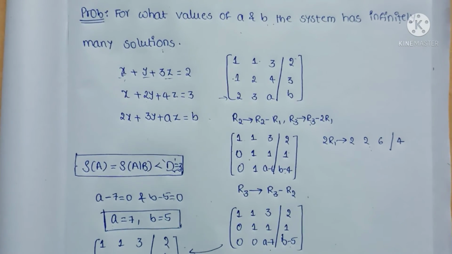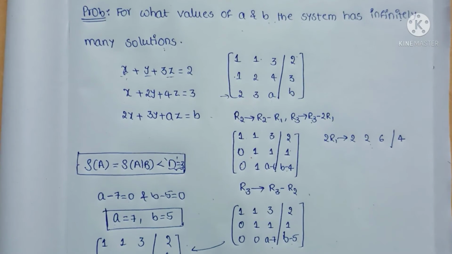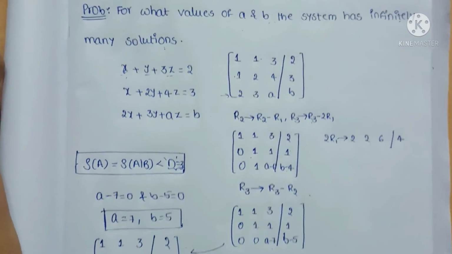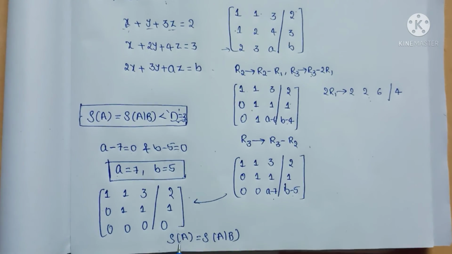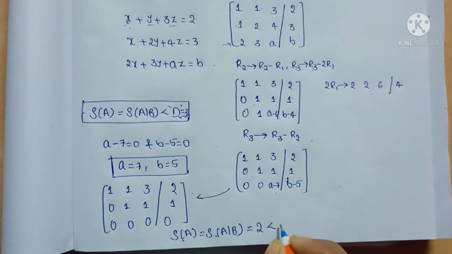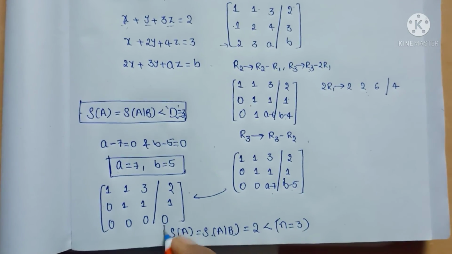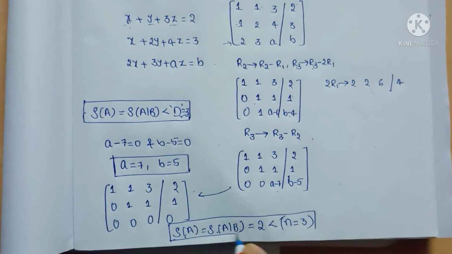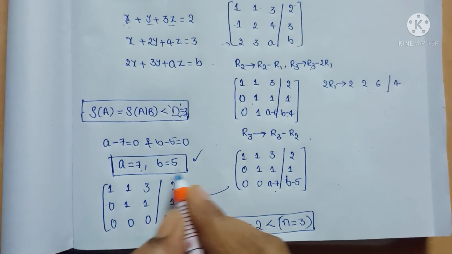That means rank of A equal to rank of AB equal to 2, which is less than the number of unknown variables, which is 3. So the system has infinitely many solutions, and the values of a and b are 7 and 5.